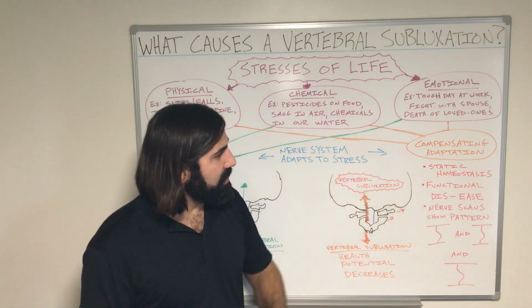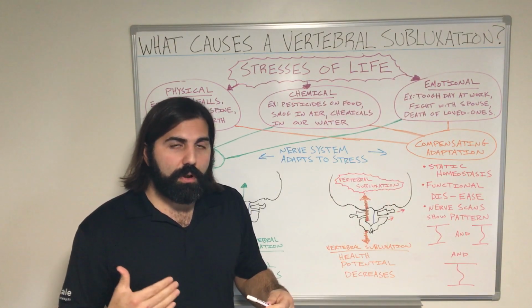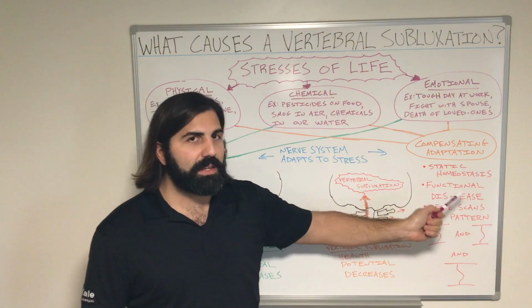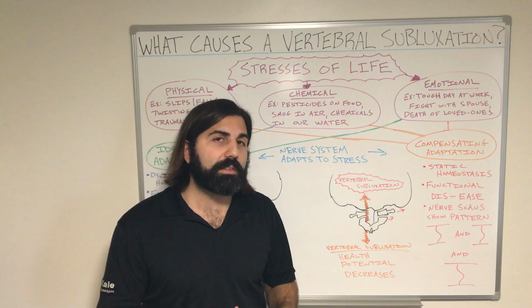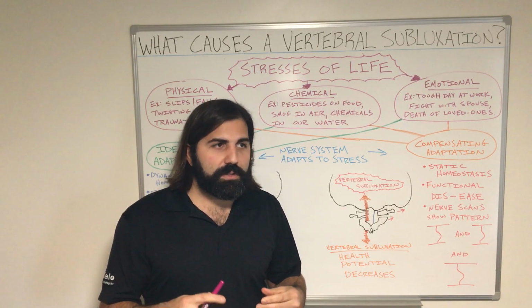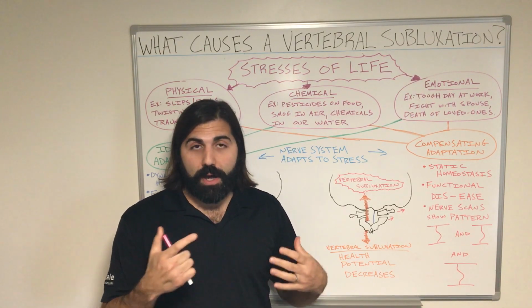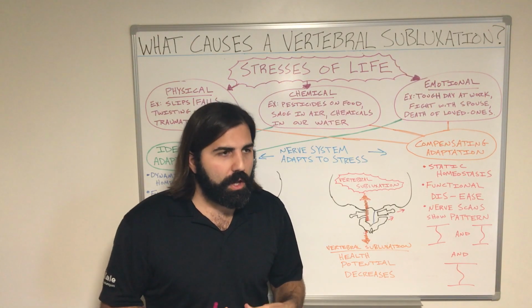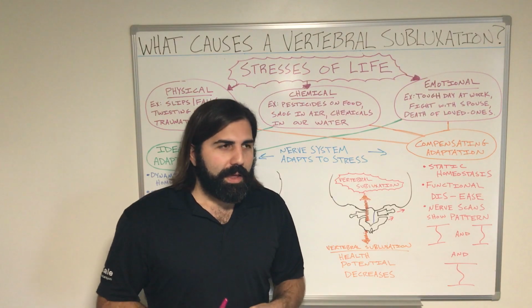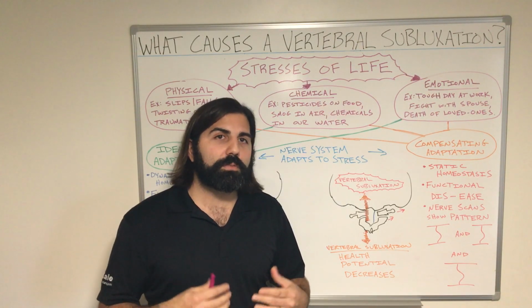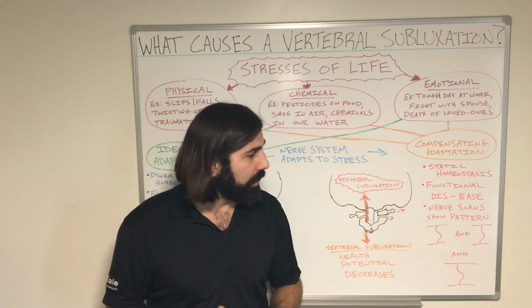So our nervous system, and our body overall, is in a state of functional dis-ease. Dis-ease is not disease, but dis-ease: without ease. That means our nerve system, or just our body overall, is in some type of interference or disruption. There's some type of roadblock that's impeding the full expression of our functionality.